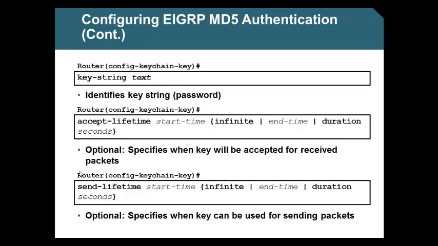Now, this is the command to set the password: key-string and the password. And this is the optional one I was talking about. Let's say the password is CCIE12345. You can say how long you want to accept this password from a neighbor: start time and end time, duration, end time.